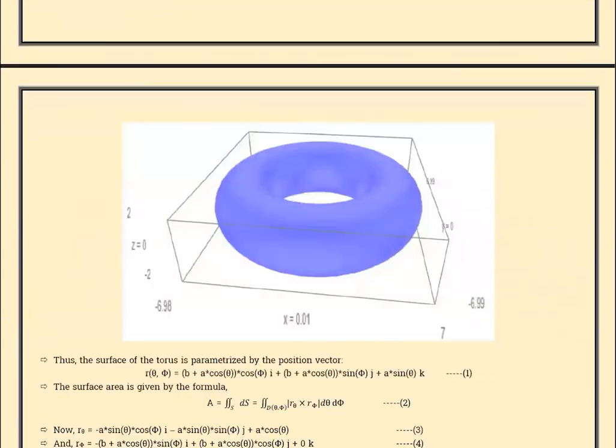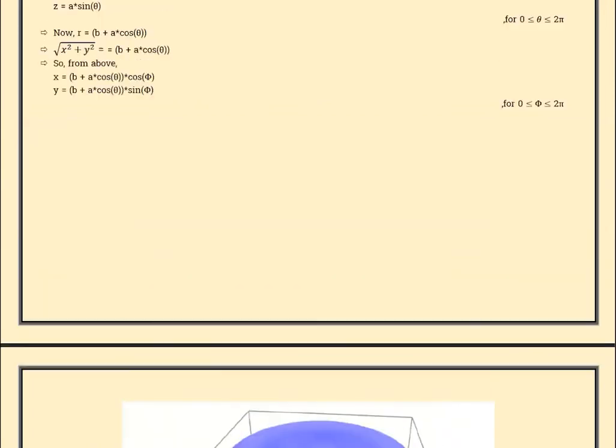Now, in this graph, this is the radius b, and from the center of the ring, this is the radius a. So now we have to find the surface area of this torus.